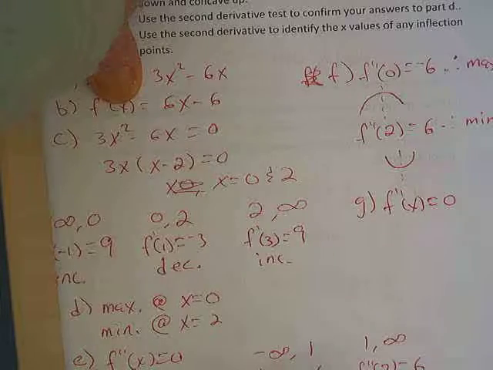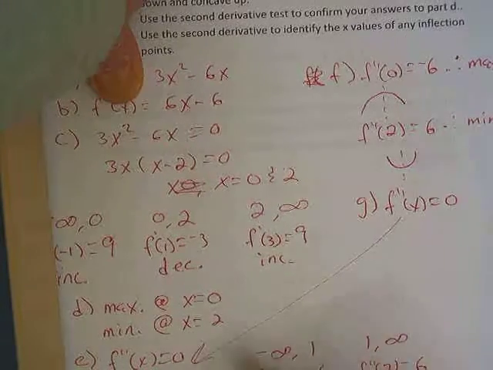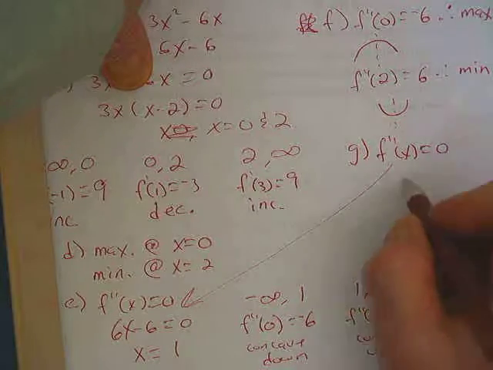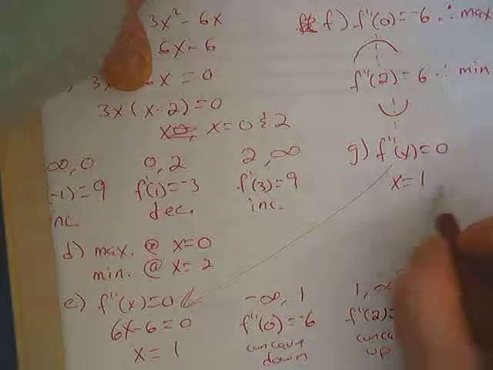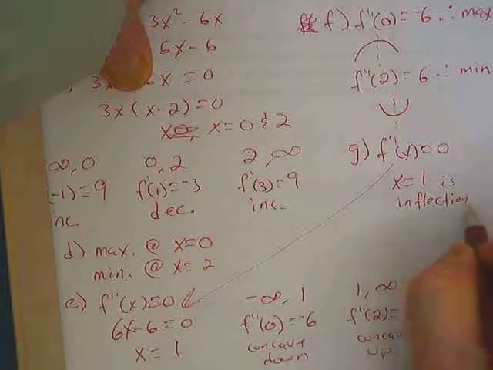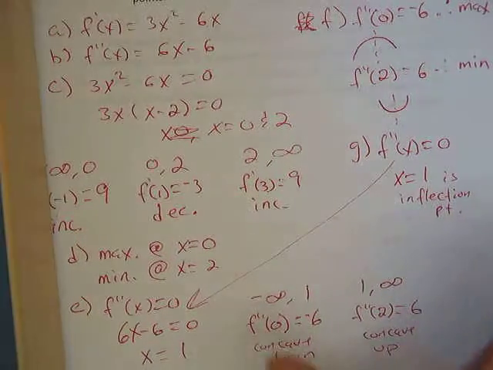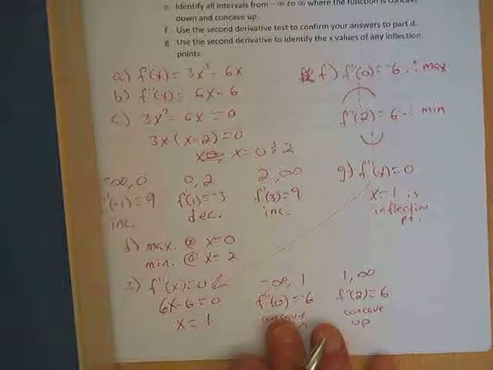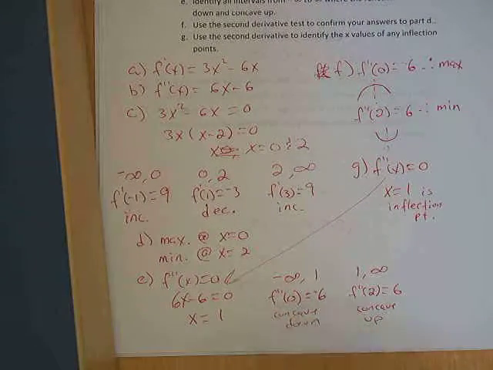And then part G, use the second derivative to identify the x values of inflection points. Kind of already did that. That's going to occur when f double prime of x equals 0, and we did that right here. So x equals 1 is the inflection point.